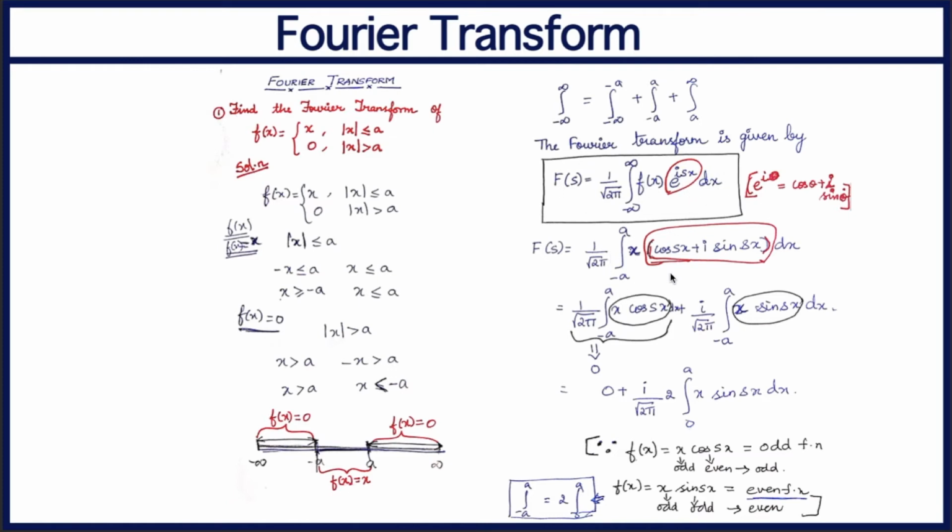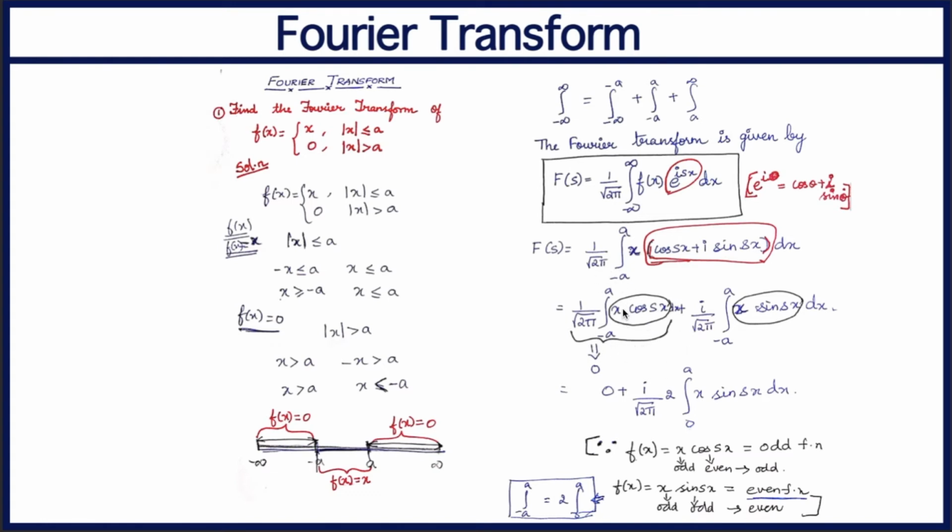So now the next step is I am going to multiply x into the terms: 1 by root 2 pi integral minus a to a x into cos sx plus i into, multiplying the whole term, so it becomes i by root 2 pi integral minus a to a x into sin sx into dx. Clear? So I am saying this first part is equal to 0. Why is it so?